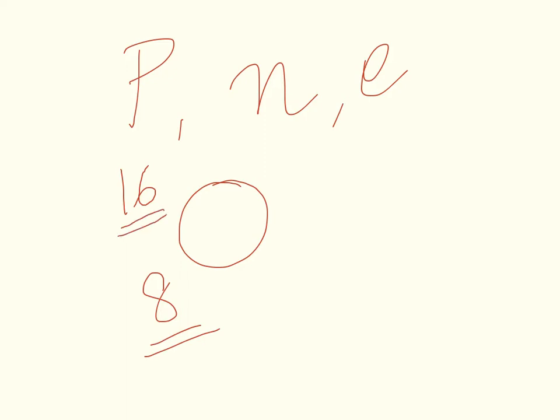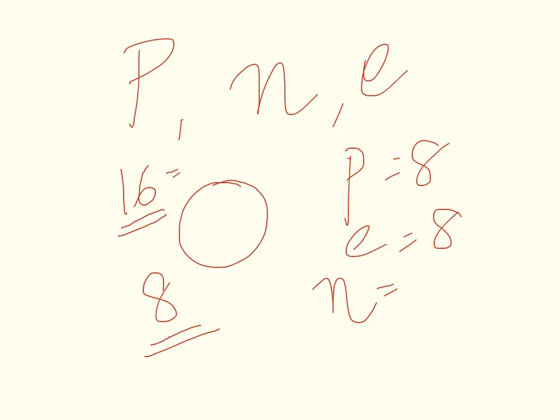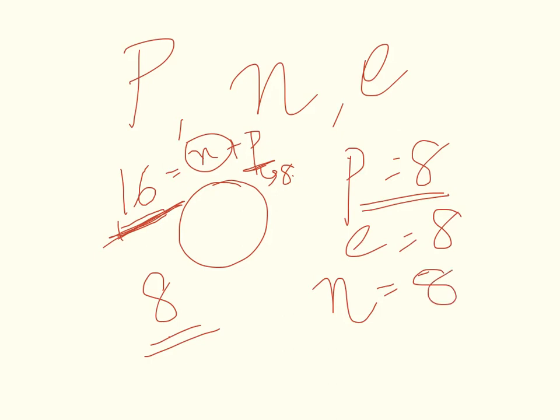So the atomic number is 8. So protons are 8, electrons are 8 because this is a neutral oxygen, and neutrons, so this is the mass number, which is equal to neutrons plus protons. Protons are 8. So if the total mass number is 16 and protons are 8, neutrons will be 16 minus 8, which will be 8 as well.